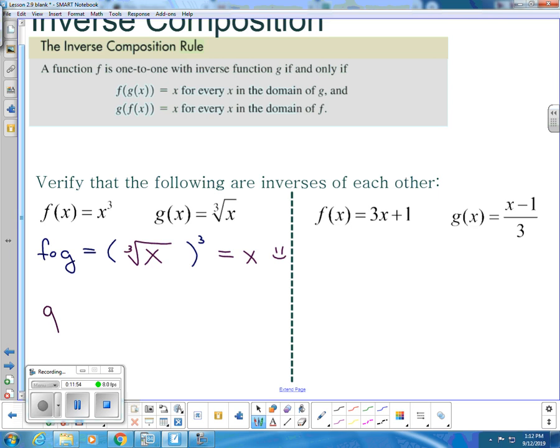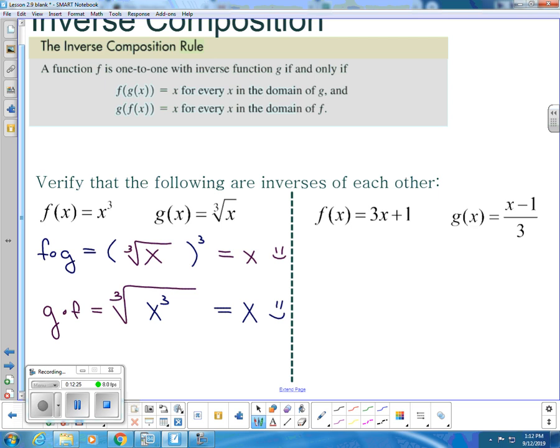Now we're going to do g of f. We have the cube root of x cubed. And again, the cube root of a cube equals x. That's it. That's all you have to do is show algebraically that both composites equal x. Does that make sense? Because the input, which is your x, follows through and becomes the output.